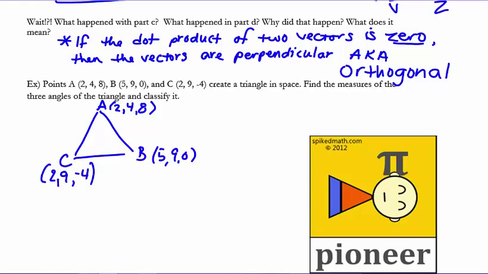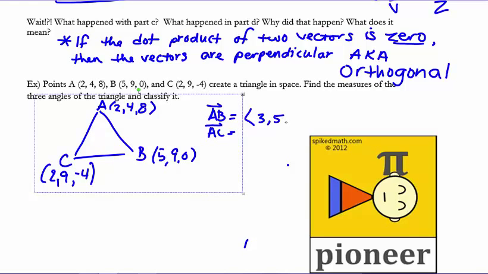So if I want to find angle A, I need to use AB and AC. So AB is (3, 5, -8), and AC is (0, 5, -12).